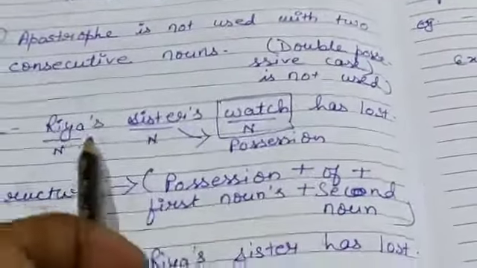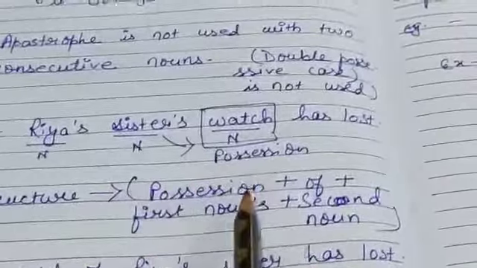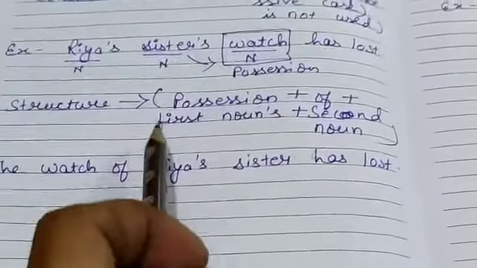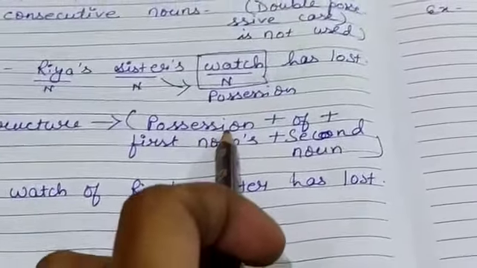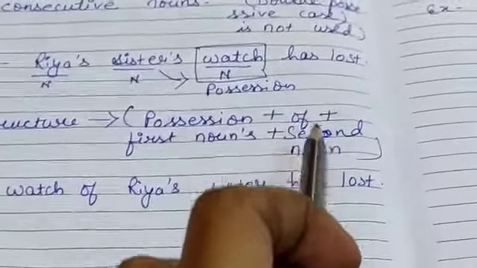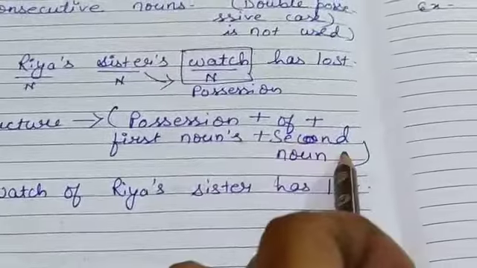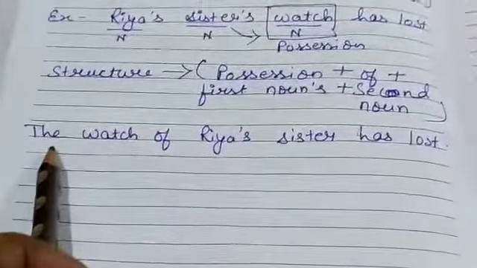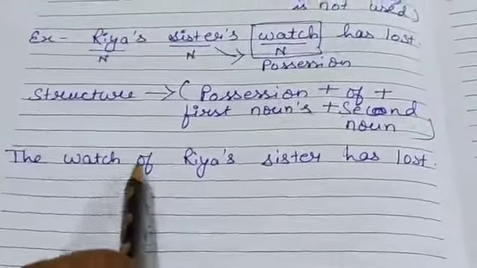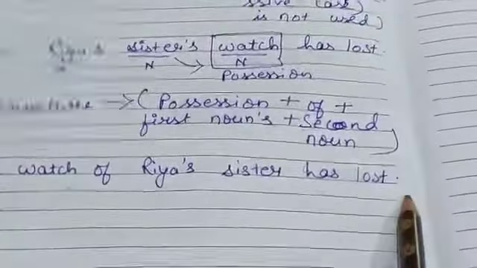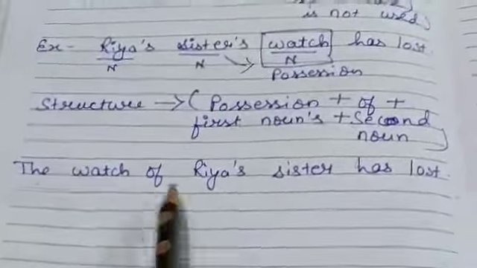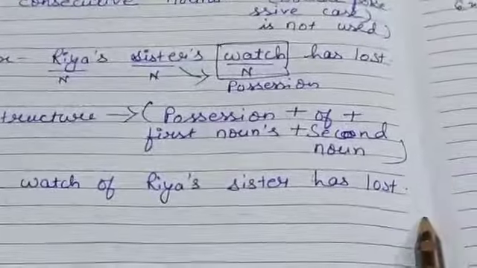So, we can't show double possession. See the structure. First, we will use the possession, then the of pattern, then the first noun, apostrophe S plus second noun. Now, see the correct answer. The watch of Ria's sister has been lost.